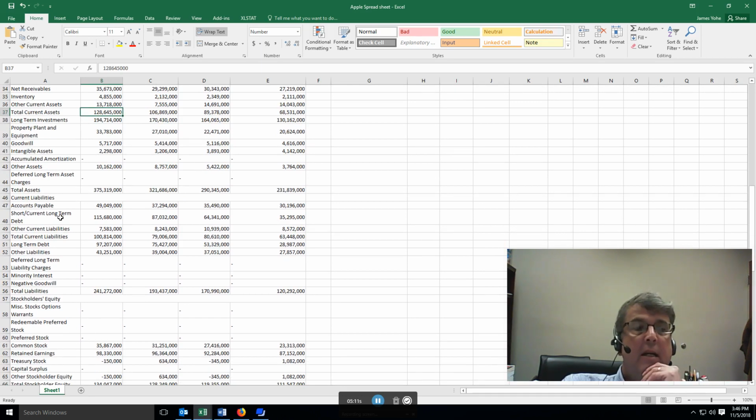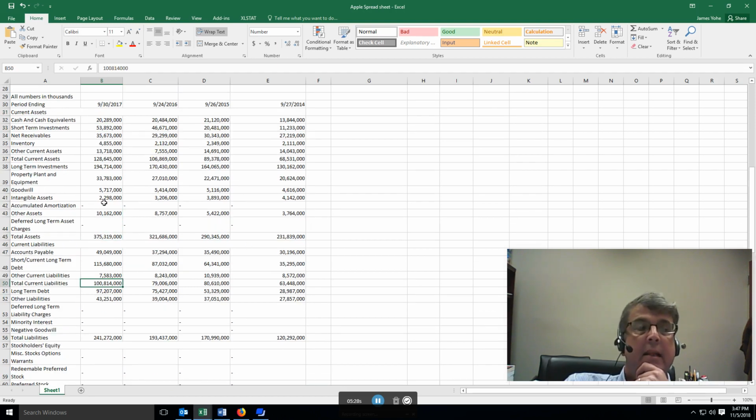I've got short current long-term debt. That is long-term debt that has less than a year until payoff. Other current liabilities, and then I've got my total current liabilities, which were 100,814 million. So I took, where do we go here? Current liability, current assets is what I'm looking for.